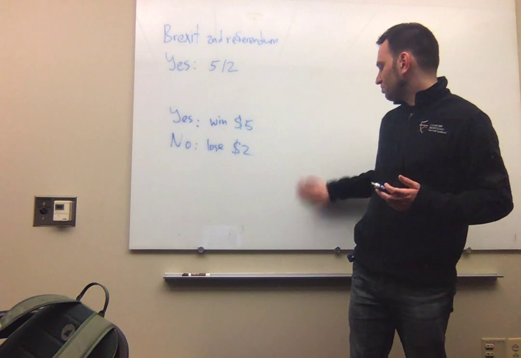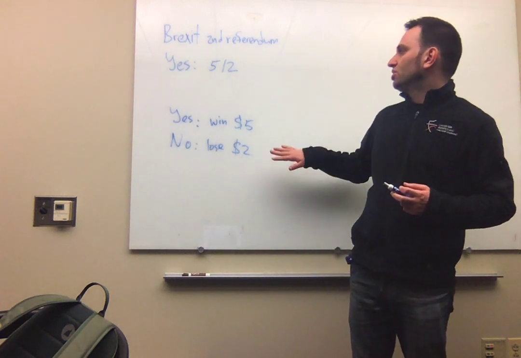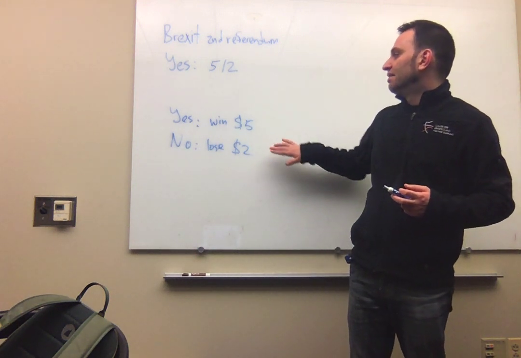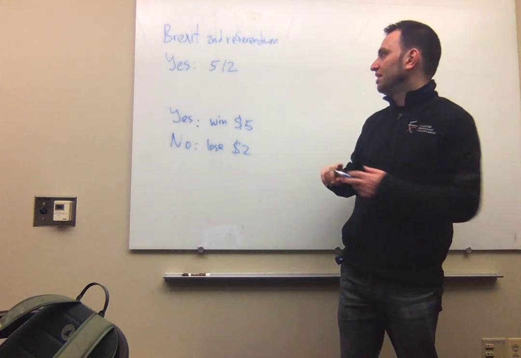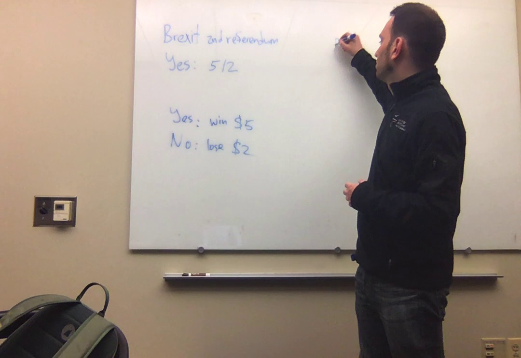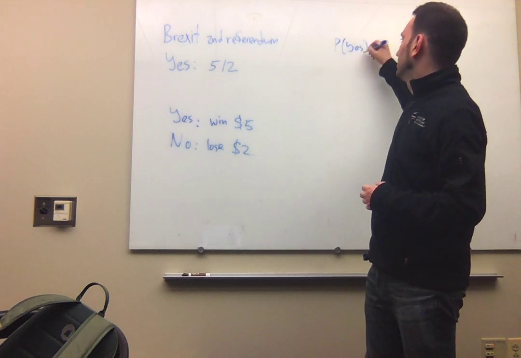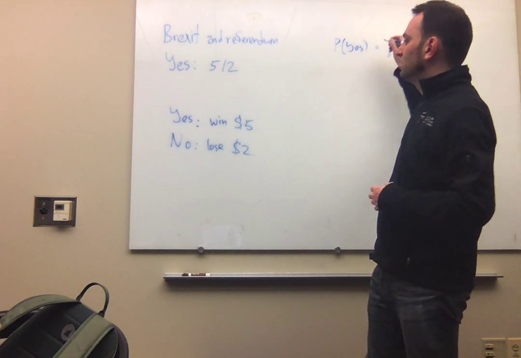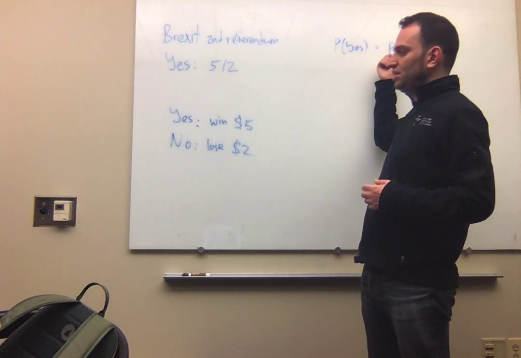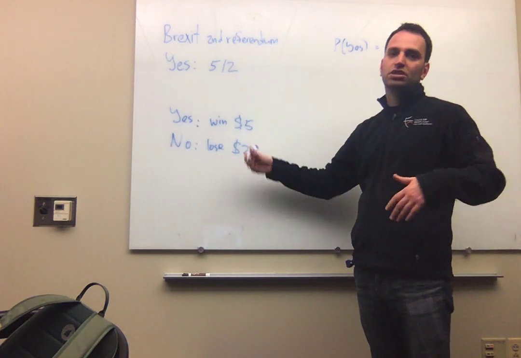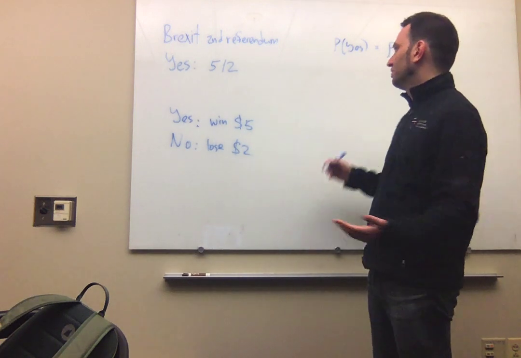So how do we operationalize it? We're saying, okay, if the probability of the second referendum happening is P, so the probability of yes is P, then I expect to win $5 with probability P, and I expect to lose $2 with probability 1 minus P, right?